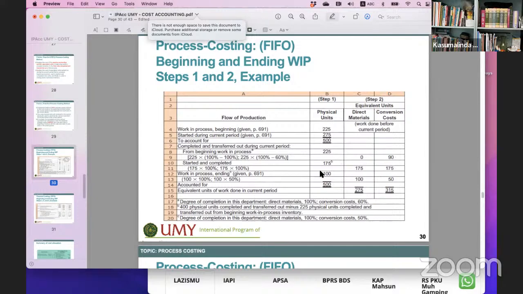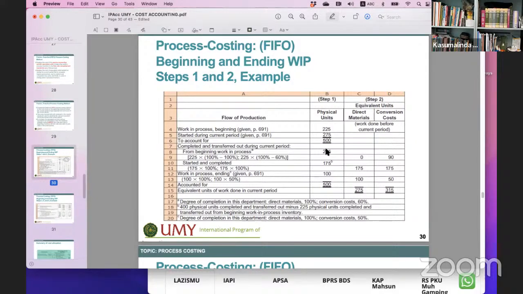Started and completed, no problem, because it is 100% complete for both. Then for work in process, this is totally the units that are started during March, not the units that we carry from the beginning work in process. How do we know it started in March? As I explained just now, we know that completed is 400, but what we complete from the beginning work in process is 225.